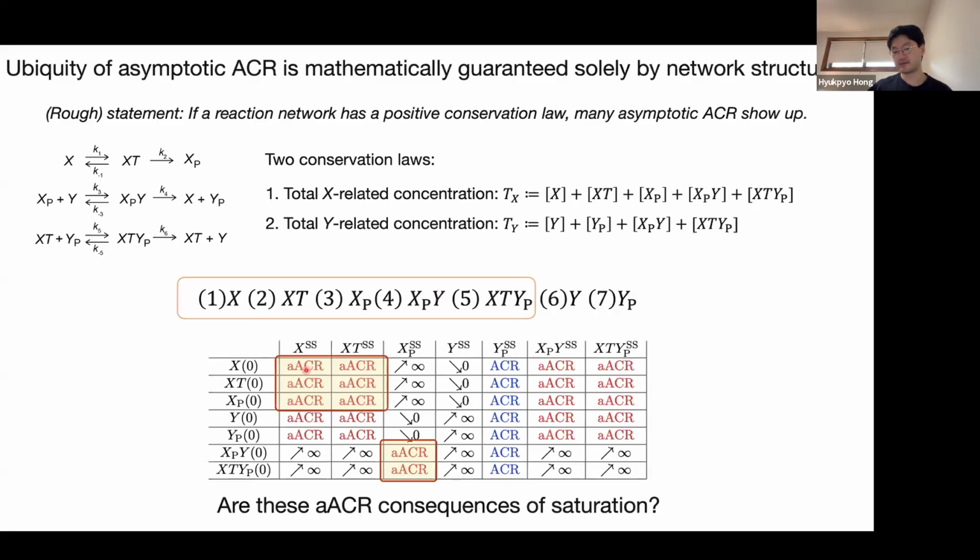If asymptotic ACR were a consequence of saturation, there should be no such behavior. But even if we put in more and more initial value for the X species, the theoretically unbounded species X or XT can still show asymptotic ACR. And the same goes for another block like this.